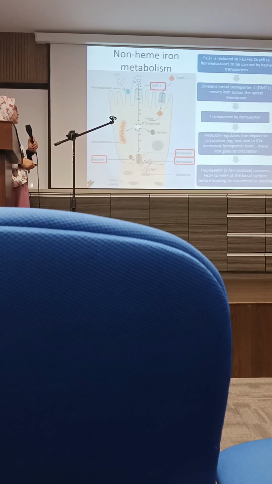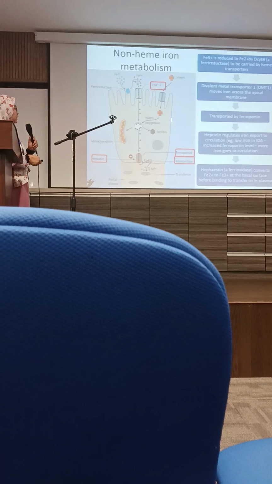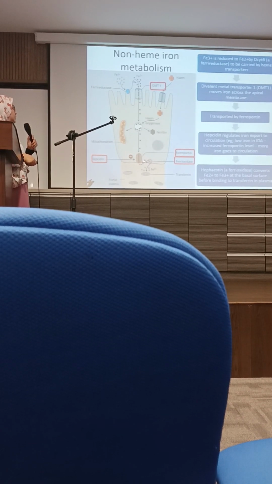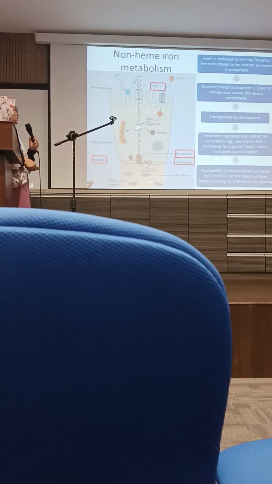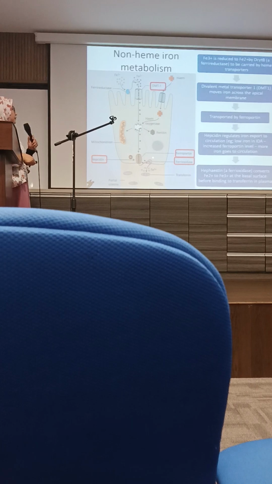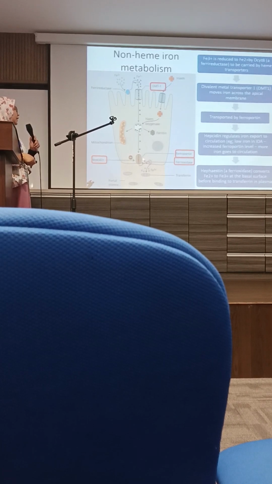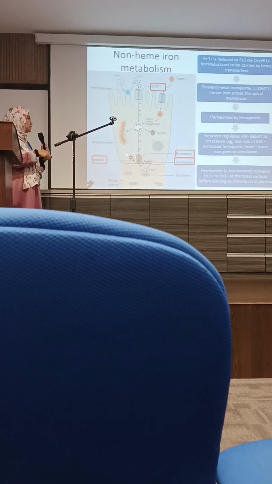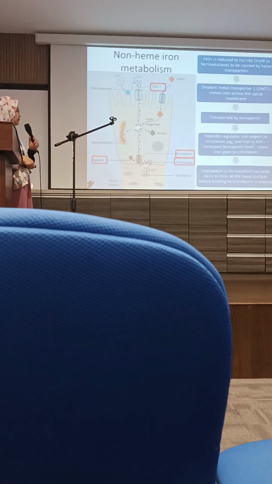And iron export is controlled by hepcidin. Hepcidin is a protein. If you have low iron, for example in iron deficiency, the ferroportin will be high, so more iron will go to the circulation. If you have enough iron or excess iron, the ferroportin will be low, so that it will be stored in the cell as ferritin, just as storage.